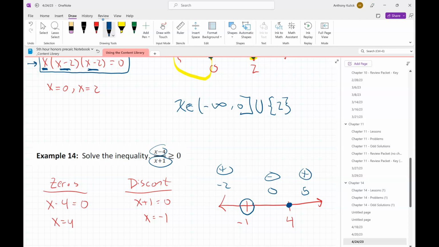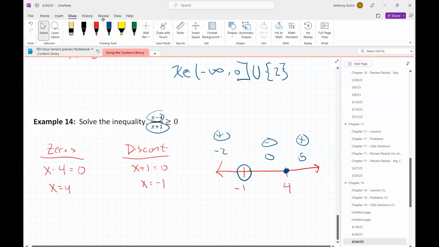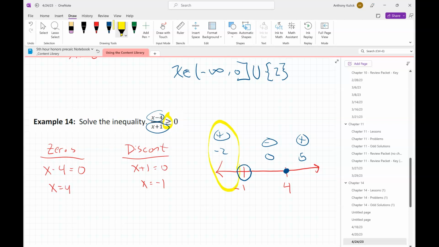Everybody feel okay? Good. So if we want the parts that are greater than or equal to 0, which parts do I want? The positive parts. So I'll write -infinity to -1. That one gets a parenthesis. And then I'll write 4 to positive infinity, but the 4 gets a bracket.